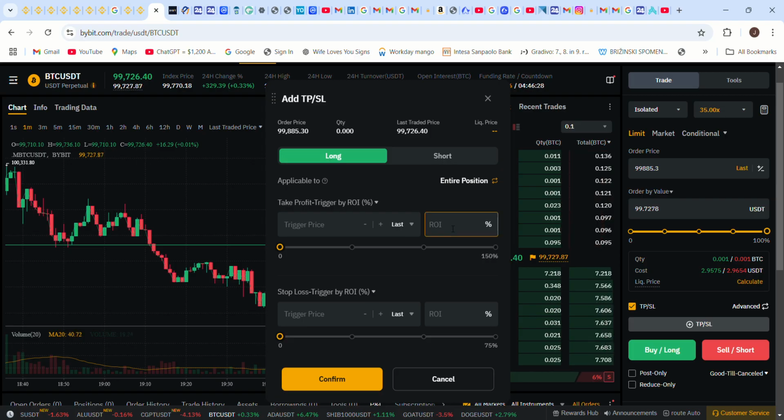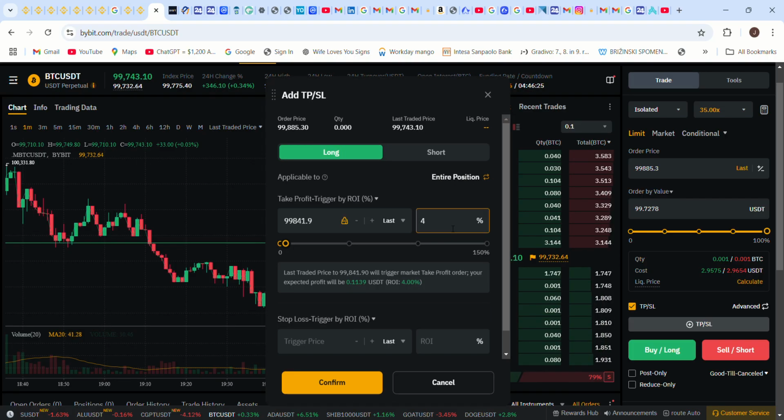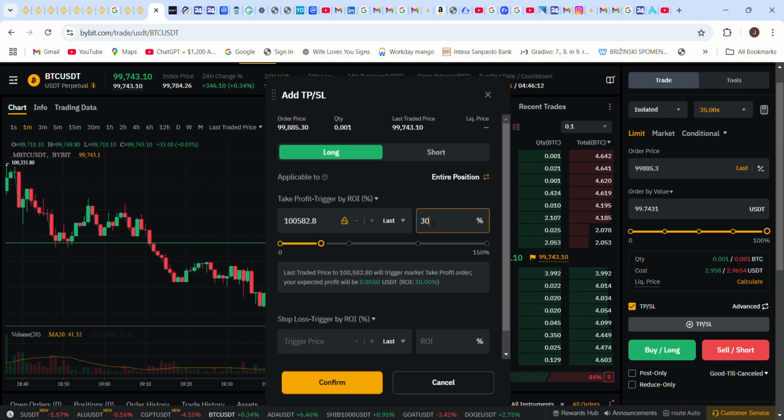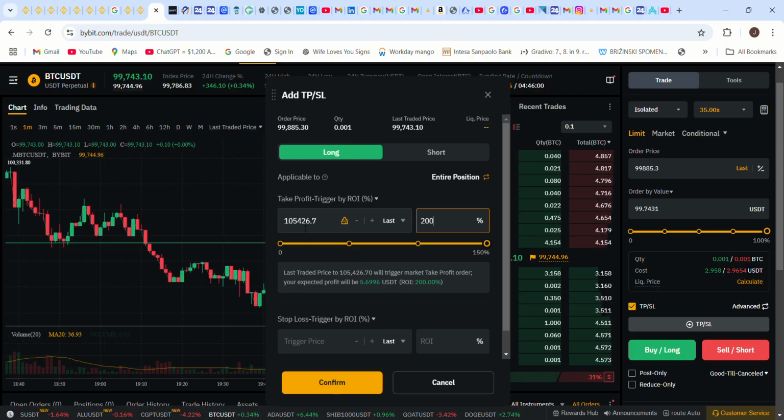For example, we would like to take 4% of the money because there is a very small amount of money played here. I would only gain 10 cents. If I put, for example, 30%, then I will get 80 cents. If I put 200%, then I will get $5. But the coin has to jump to 105,426 euros.